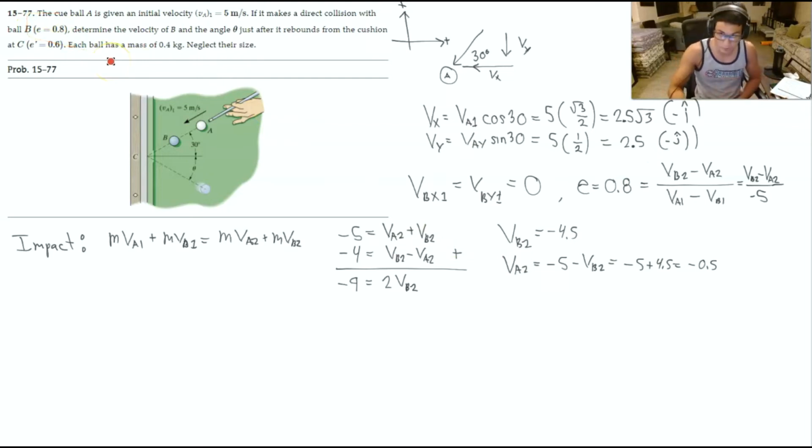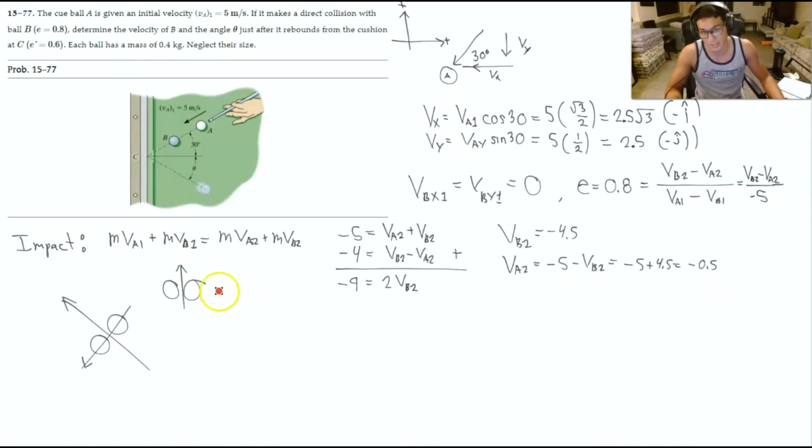Now, if we look at this diagram, when the balls hit each other, what I'm trying to say is that the momentum in the y direction is pretty easy to do because the momentum in the y direction is the same, and the angle is the same, so we don't have to do any sine. Now, the same idea applies about the velocity. The velocity in the y direction will be the same, but the point is that the angle is going to change here, so there's going to be a change of angle.